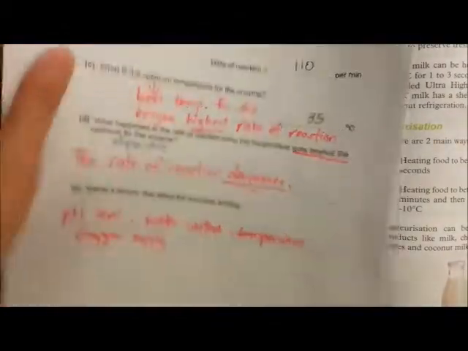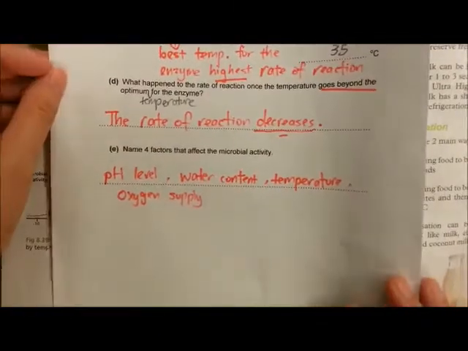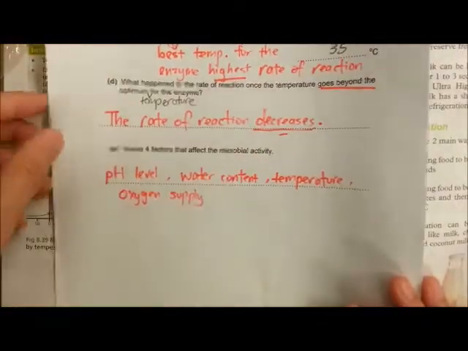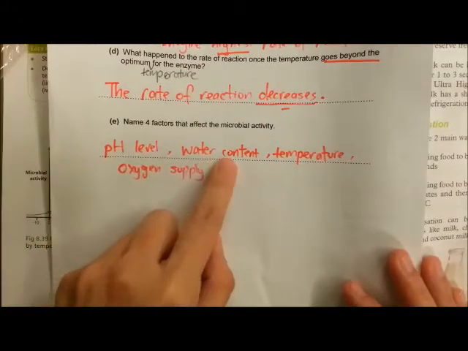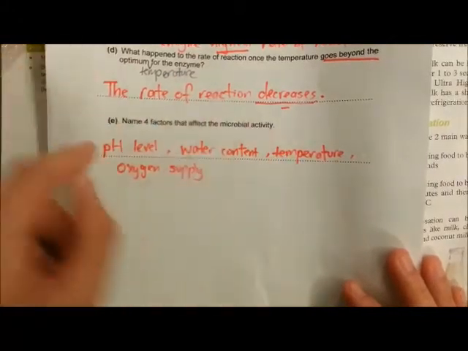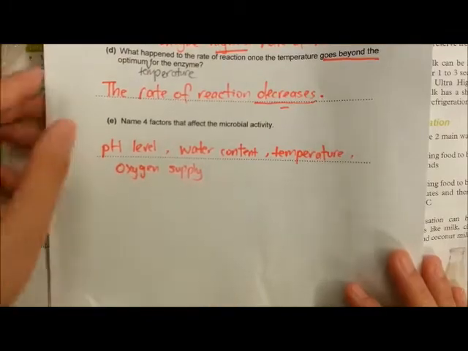Back to the question. Name 4 factors that affect the microbial activity. Therefore, the answer would be pH level, water content, temperature, and oxygen supply.